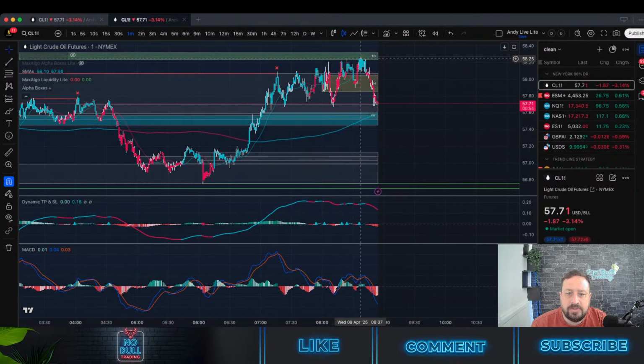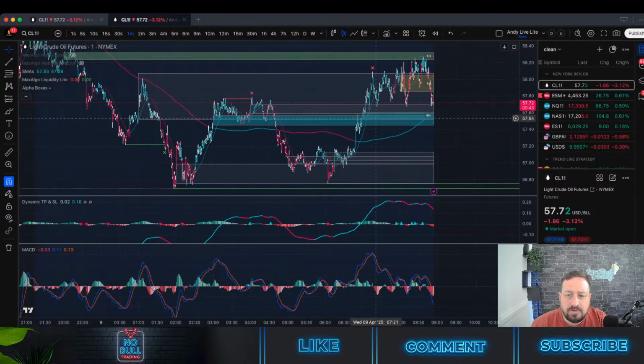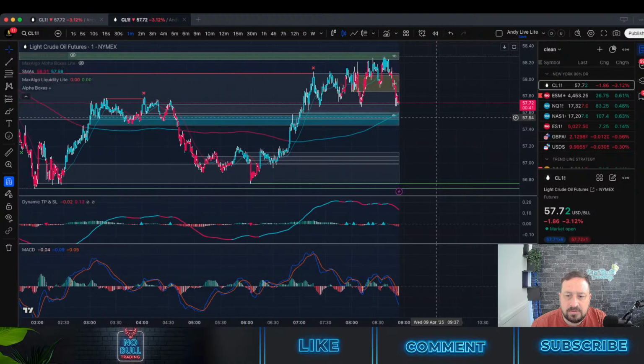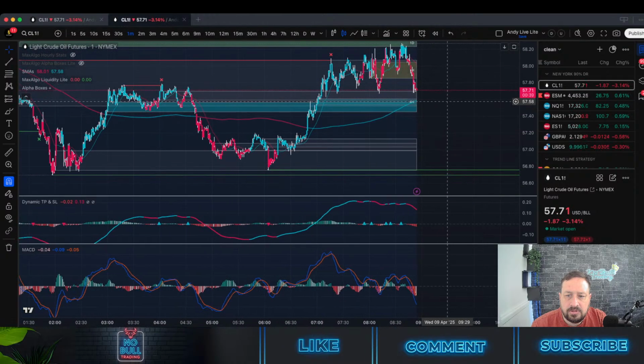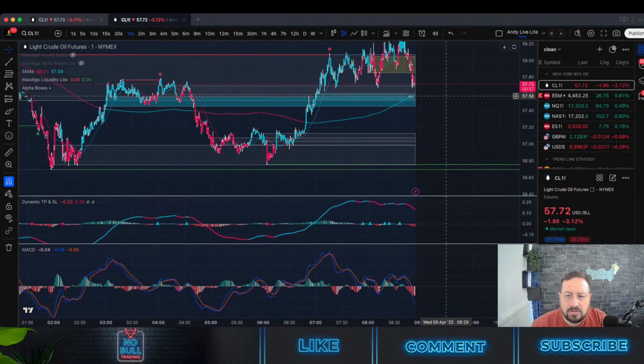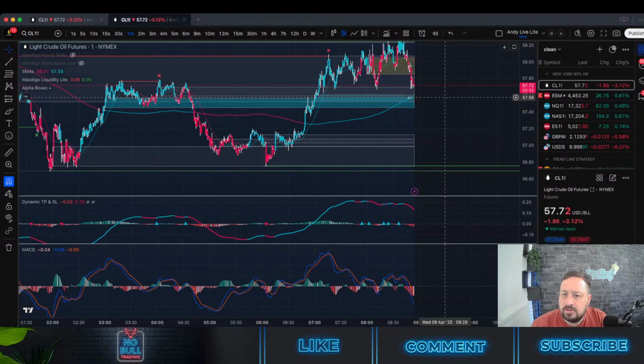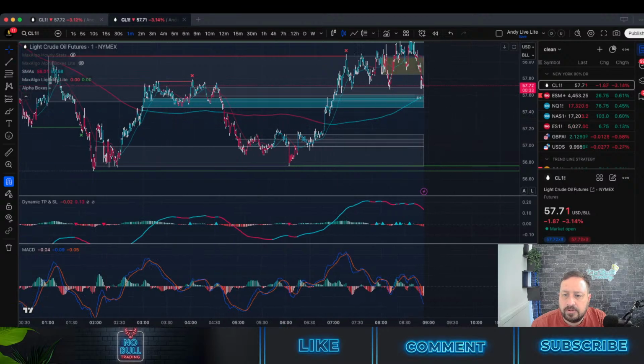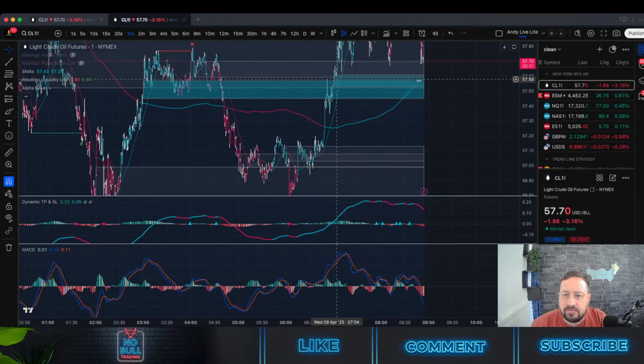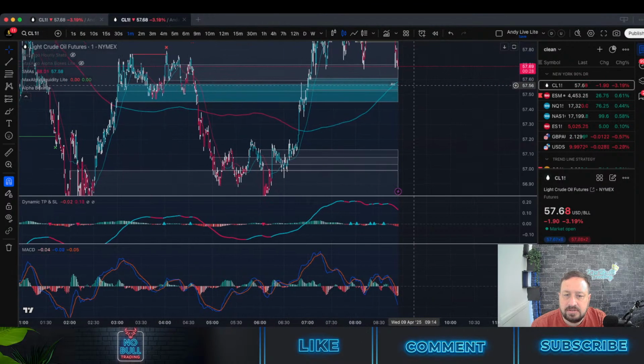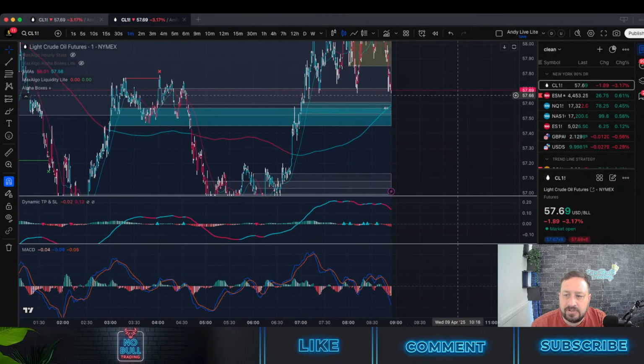Right, so CL we've rejected from the daily. Beautiful rejection, right? And we're coming back to this 4-hour level. So this is the current 4-hour, which we've not tested yet. We've literally just come flying out of it.